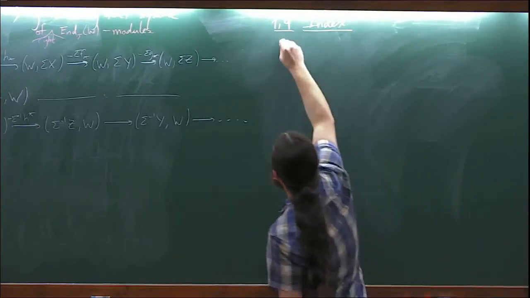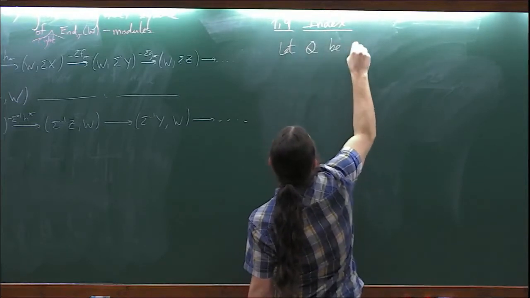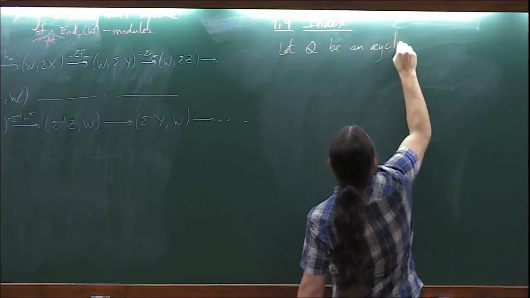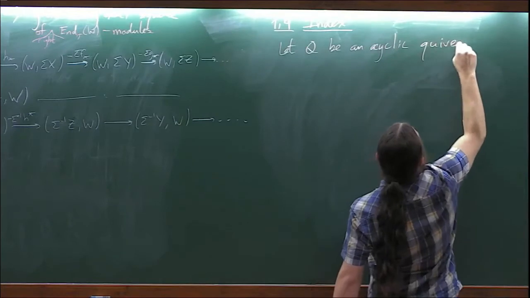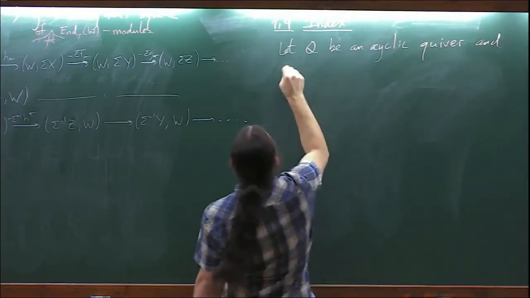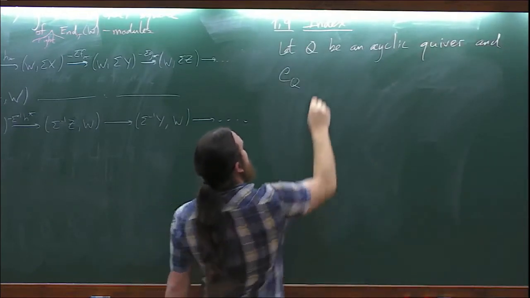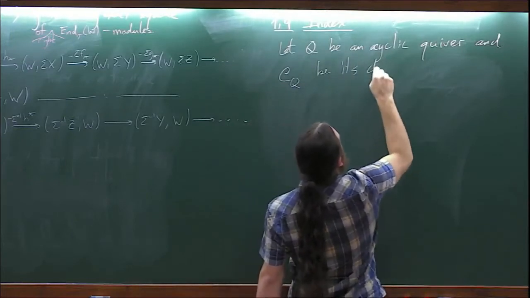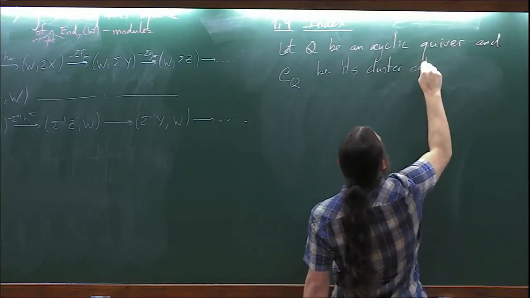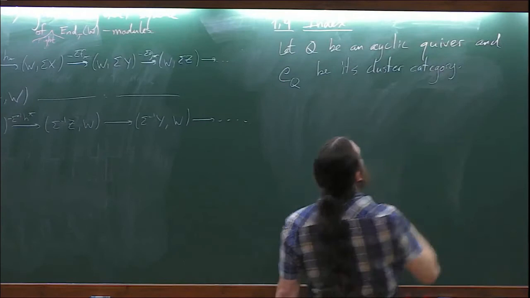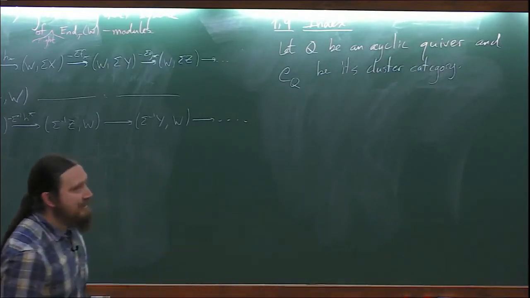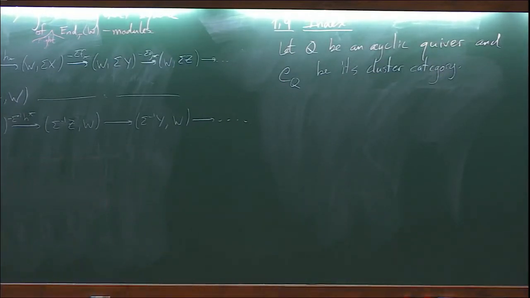Let Q be an acyclic quiver. And then I will work inside its cluster category. The cluster category categorifies a cluster algebra, yes? And in a cluster algebra, you have an initial seed.